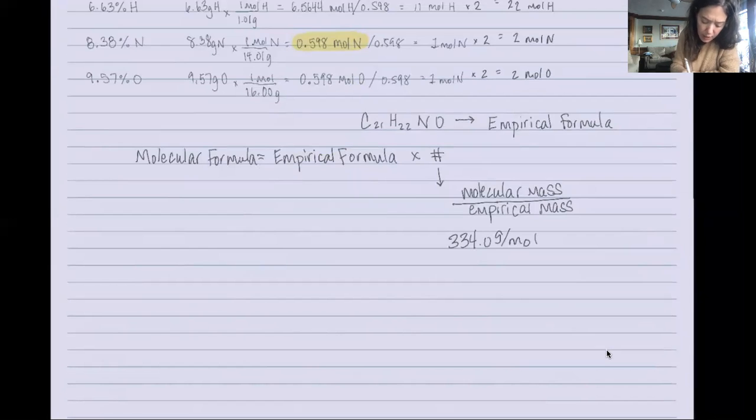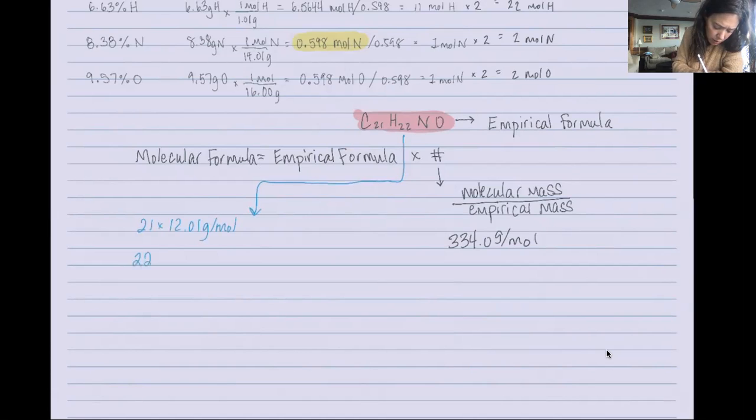And if we take our empirical mass, right, this right here, and calculate it, oops, sorry, we take this and we calculate it. We have 21 times carbon, right? We have 22 times hydrogen.